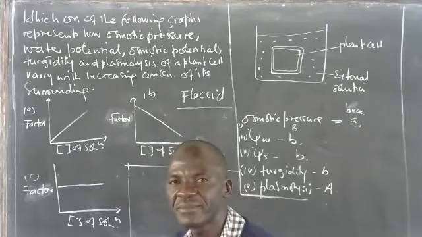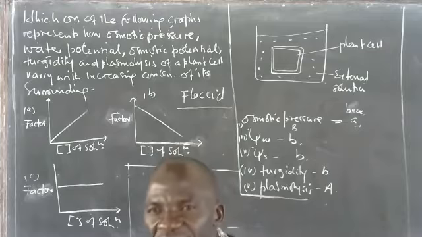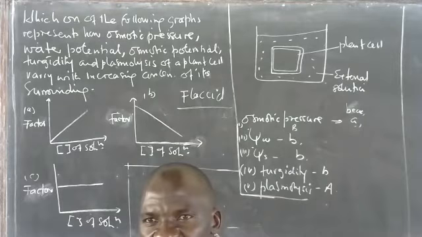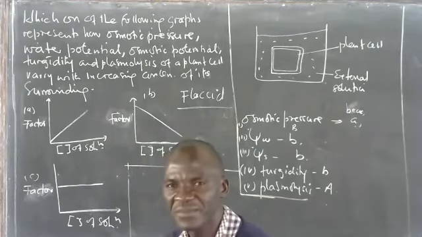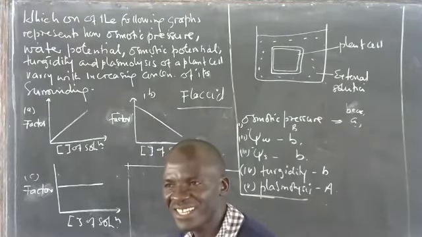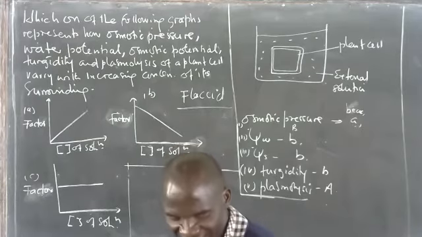Let me try. Plasmolysis is the tendency of the cell subvacuole to leave the cell wall. Is that fine? What leaves? You can use another term.